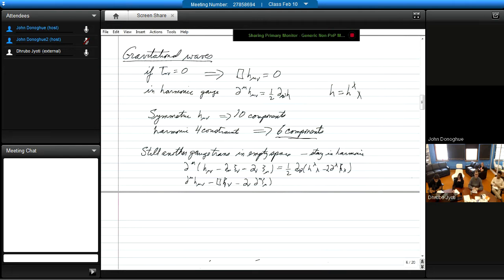Okay. So these guys cancel. The other ones satisfy the harmonic condition to begin with. So this implies that if I do any transformation with box c nu equals to 0, I stay in harmonic gauge.